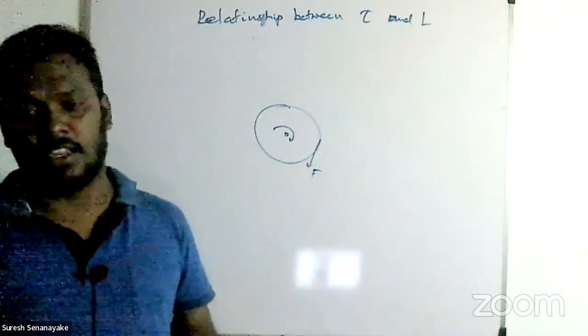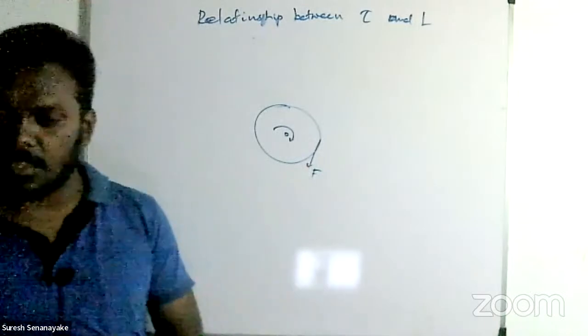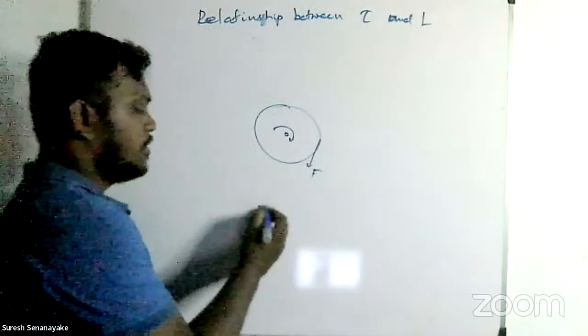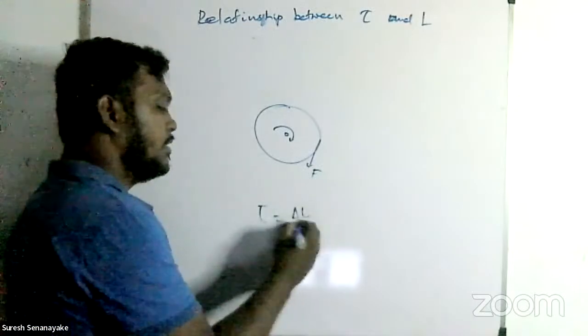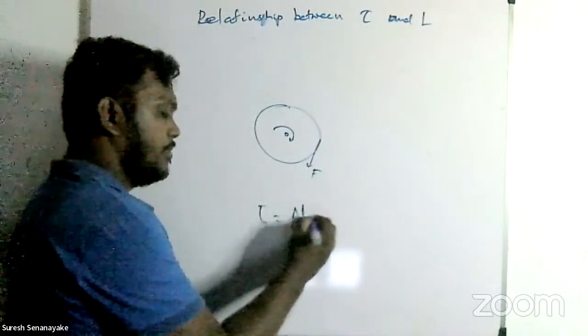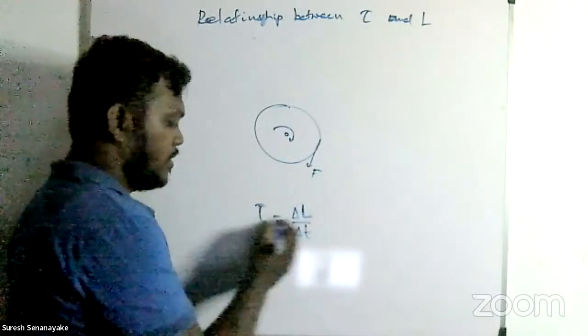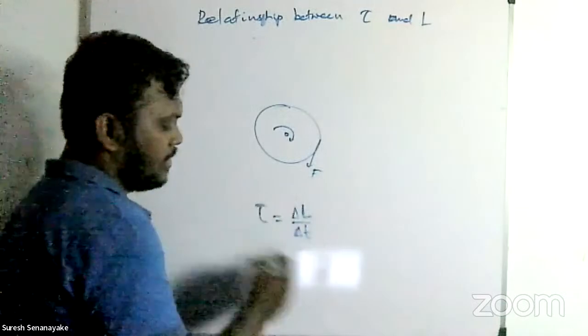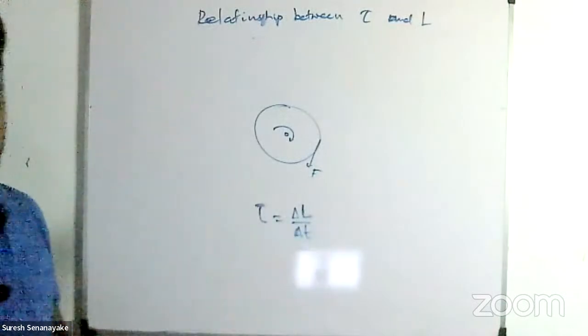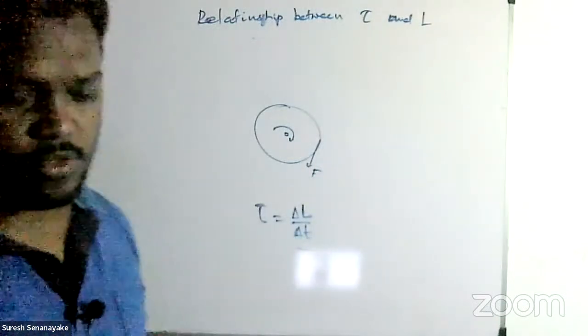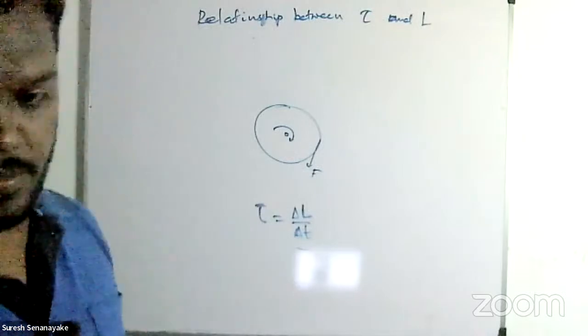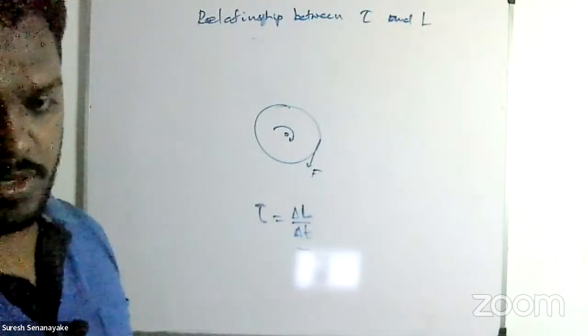Similarly to the translational motion, right? So we can write tau equals delta L over delta t. This is the relation between them. The rate of change of the angular momentum equals the torque applied on the system, or a rigid body.